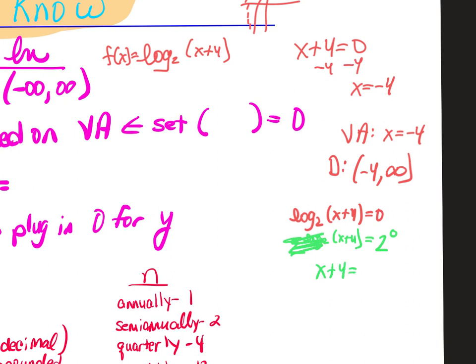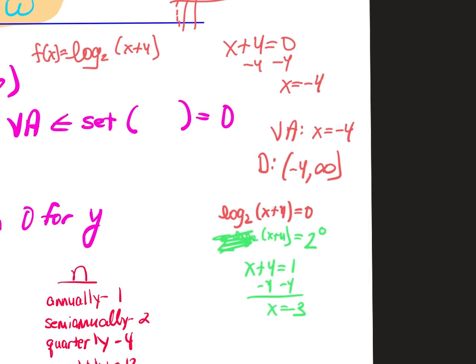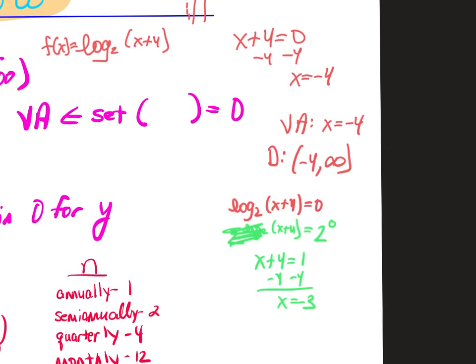X plus 4 equals 2 to the 0 power, which is 1. Subtract 4 from both sides, and x equals negative 3. So your x-intercept is going to be at the ordered pair when x is negative 3, y is 0. All right, so each version will have one of those types of questions, not both.